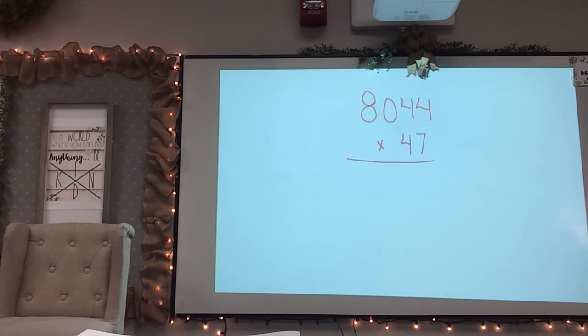Think about that first multiplication factor. Times 7 is 29. What is that? You just need to know 4 times 7. You know what that is?